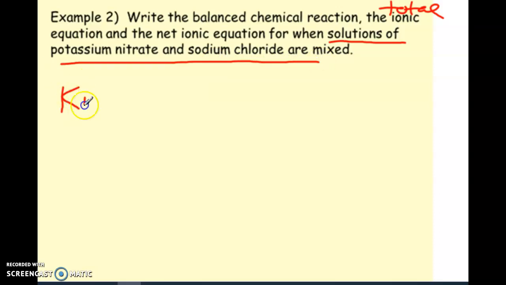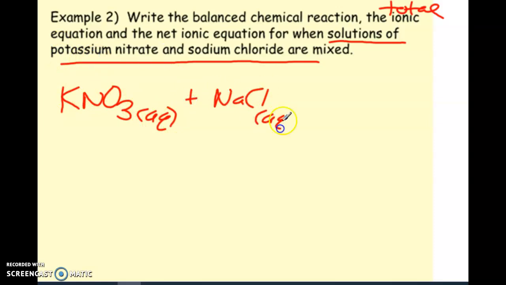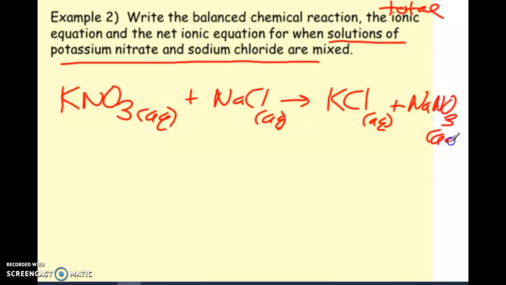Okay, so we have potassium nitrate and sodium chloride mixing. So this is going to be, of course, a double displacement reaction. We have KCl and sodium nitrate. Okay, so both of these, when you check them on the solubility table, they are aqueous. So this is our balanced chemical reaction.